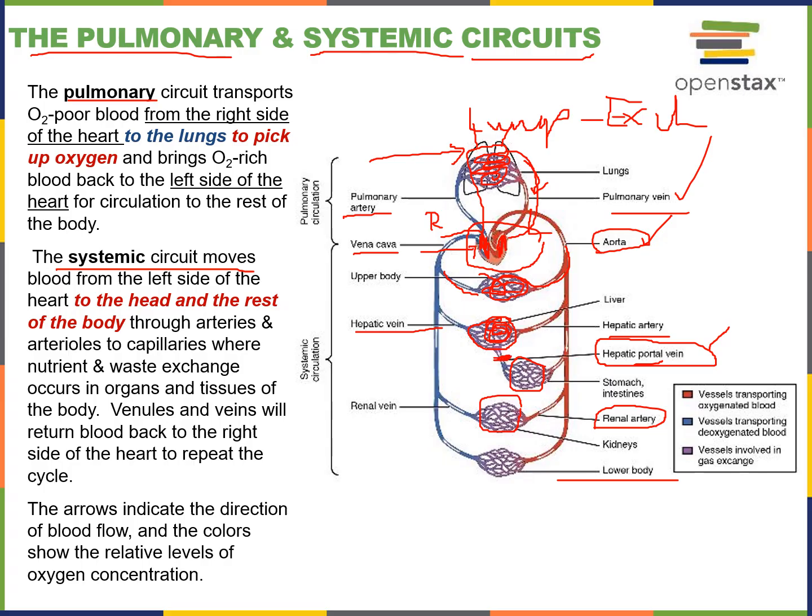So this portal vein is carrying blood from the stomach, the intestines, etc. We are going to need to know this when we do the digestive system. So after we digest our food, usually the hepatic portal vein takes that glucose-rich blood to the liver.